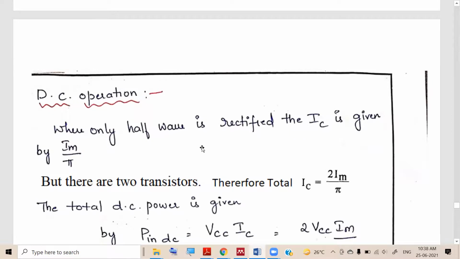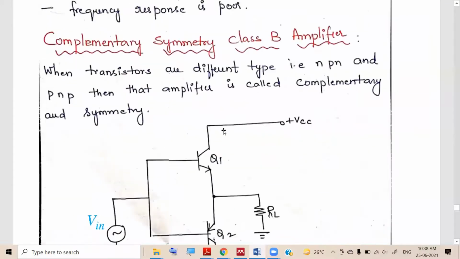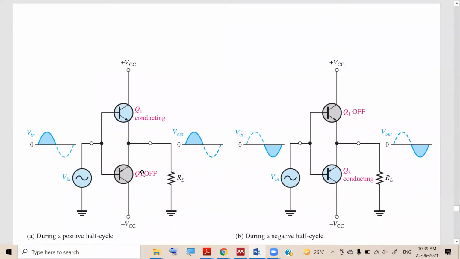So what happens during one half cycle? Now, as I told you, the explanation is the same, whether it is this circuit or the previous circuit, whether it is the class B push-pull amplifier or the complementary symmetry class B amplifier.